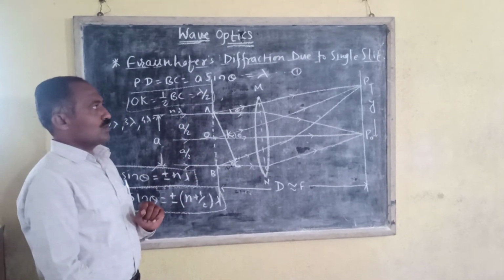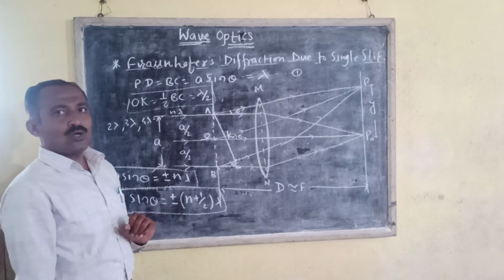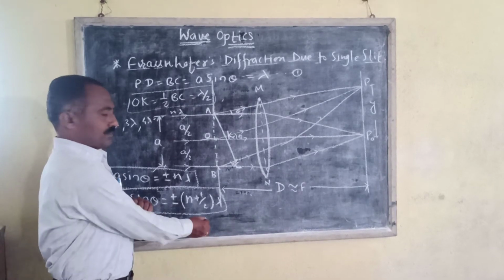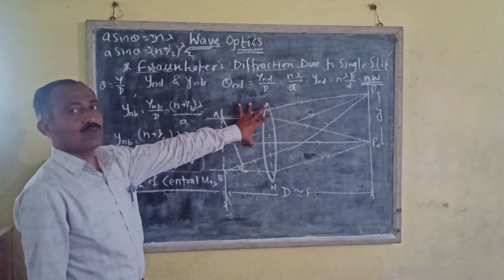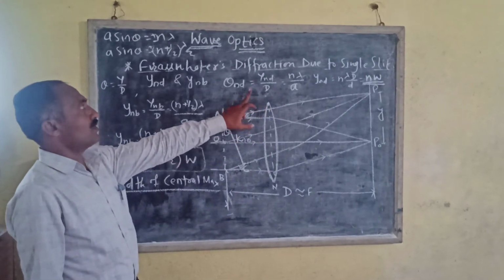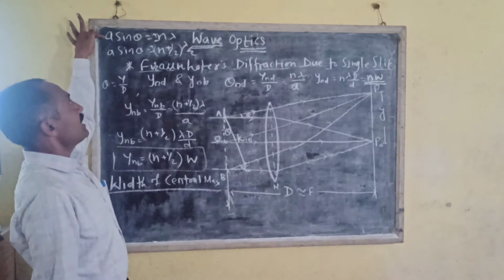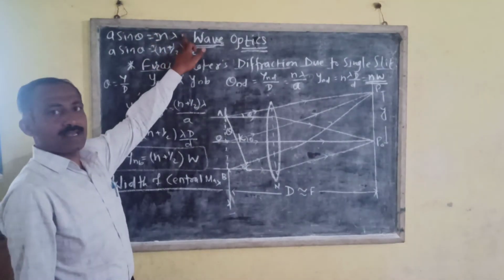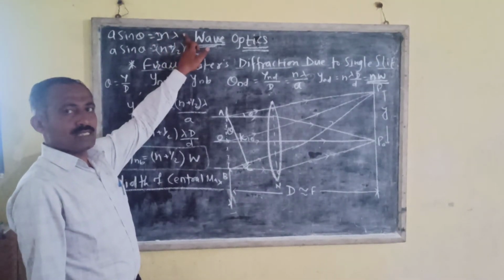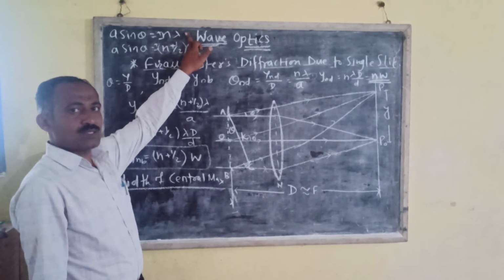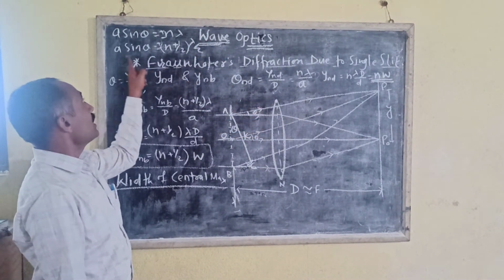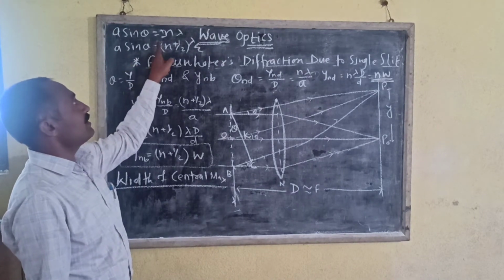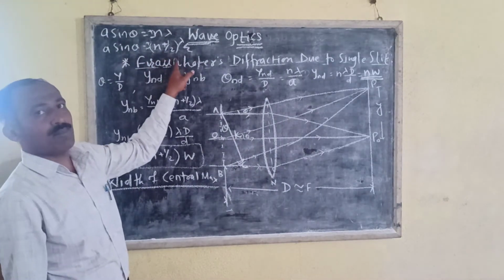Now we have to see the width of the central maxima. As we discussed in Fraunhofer diffraction, the condition for the nth dark point is a sin theta equal to plus minus n lambda, n equal to plus minus 1, plus minus 2 and so on, and for the nth bright fringe the condition is a sin theta equal to plus minus (n plus half) into lambda.